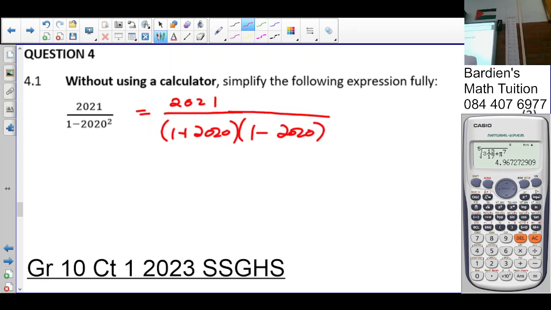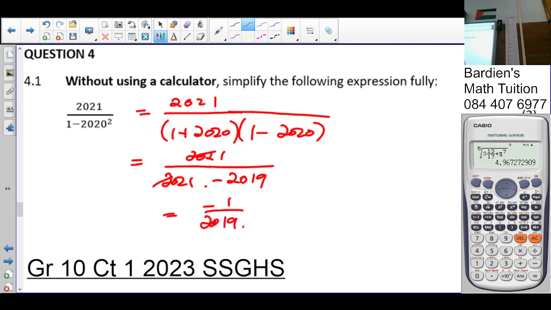Can you see that? Now 1 plus 20 is 21, times 1 minus 20 is negative 19. Not so? That cancels. So it's going to be negative 1 over 29.